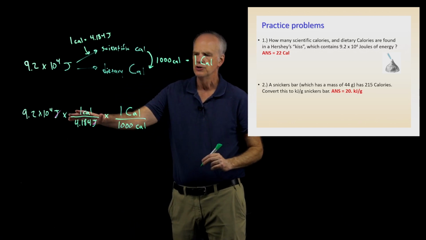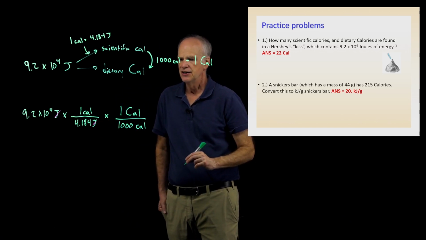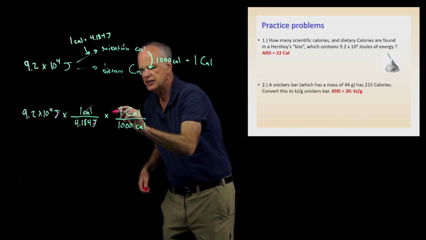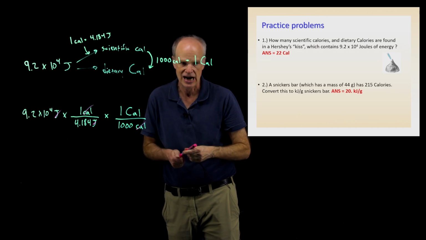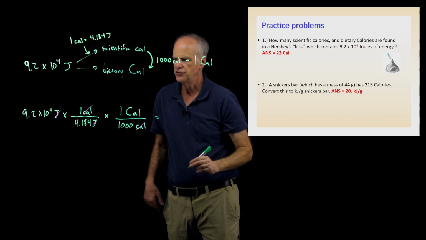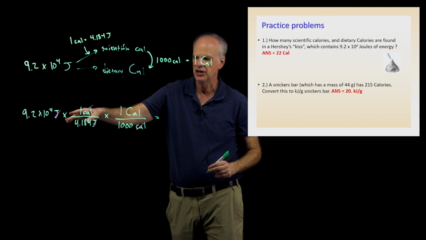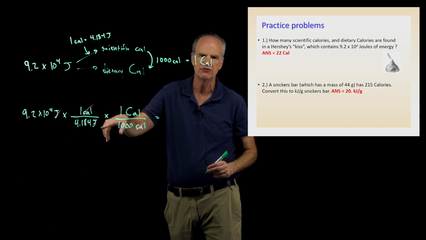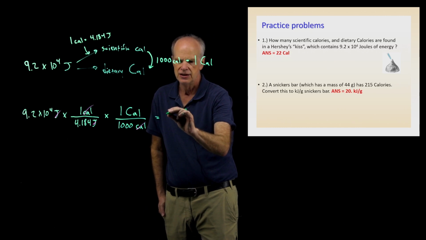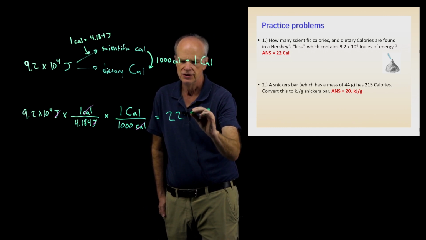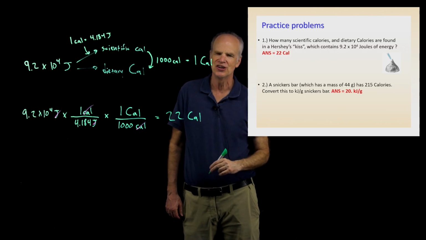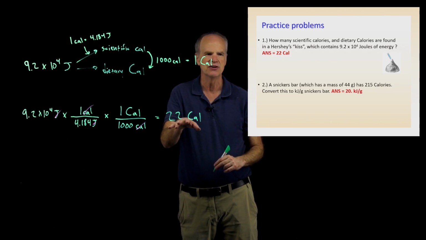Anyway, if you do this math, I think you'll see that scientific calories cancels out, dietary calories does not cancel out, and if you do the numbers, it's going to be 9.2 times 10 to the 4 times 1 times 1 divided by 4.184 divided by 1,000. And so you should get 22 dietary calories. So now you know 1 Hershey's Kiss has 22 dietary calories, okay?